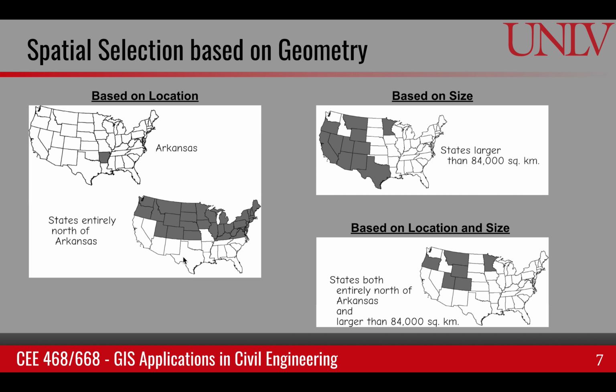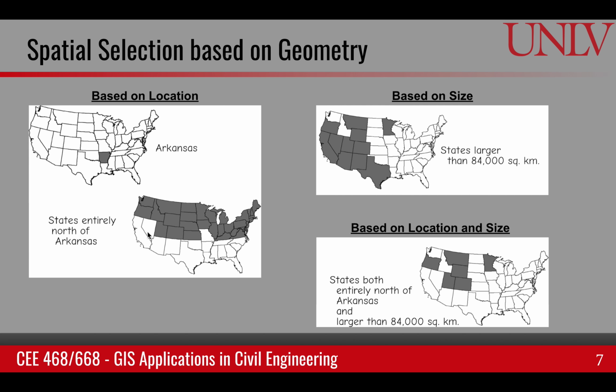which is based on geometry. For example, suppose our spatial criteria is find all the states that are entirely north of Arkansas. So here is the state of Arkansas. All the selection is based upon its latitude value. So all the states that have latitude completely larger than Arkansas will be selected.